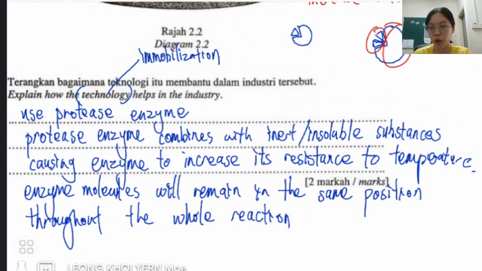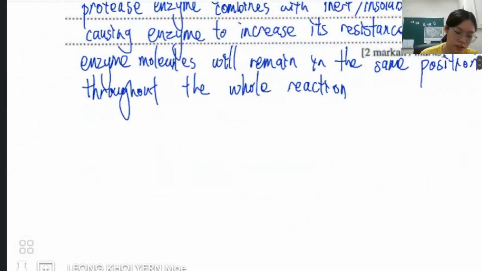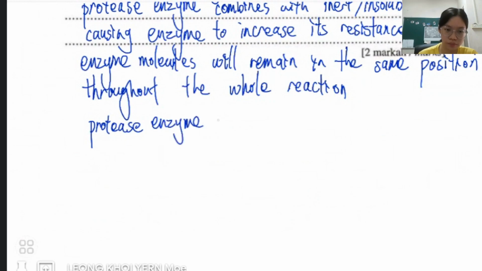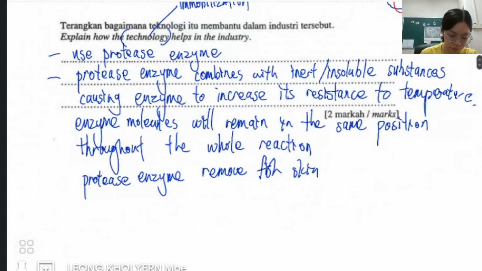So that's another point you can mention for this enzyme immobilization technology. And another point you can also mention is, what does the protease enzyme do? It actually can remove the fish skin. So yeah, that's all.